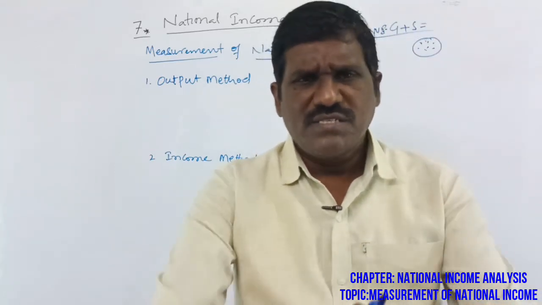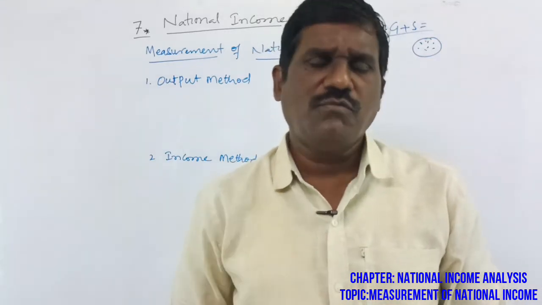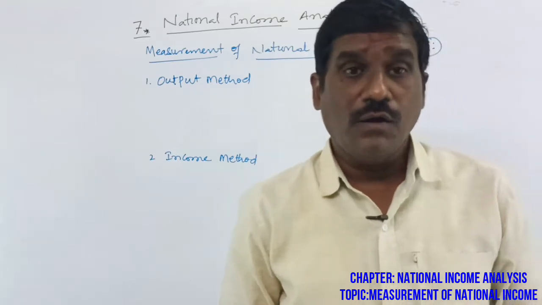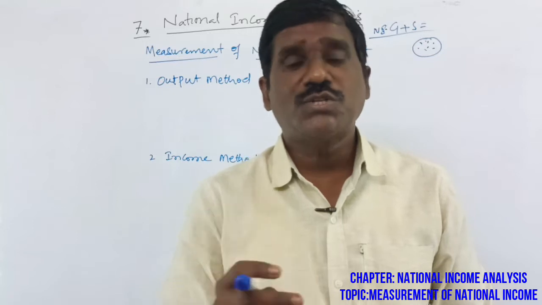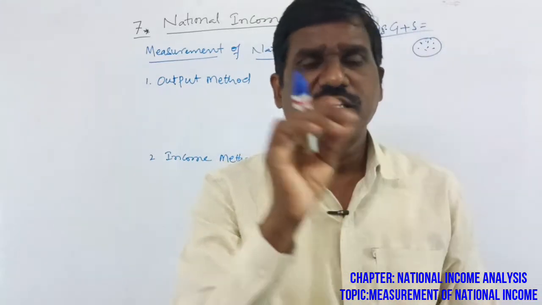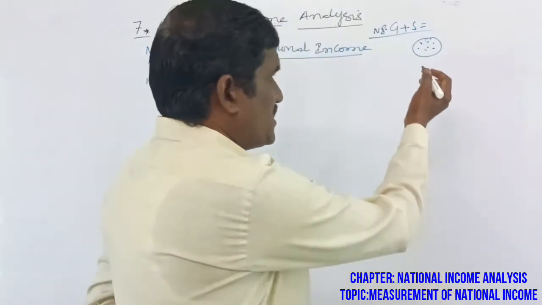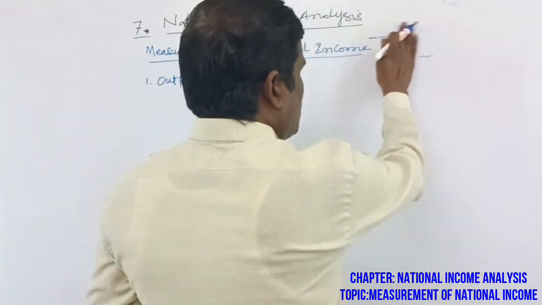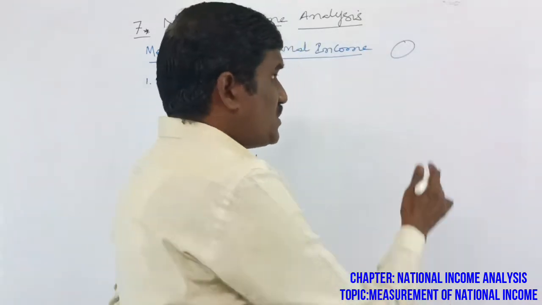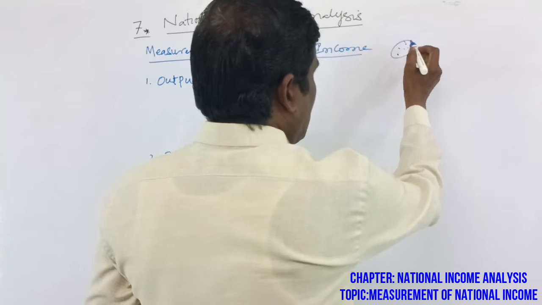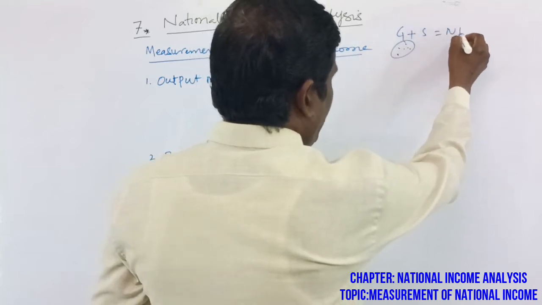The definition of national income is the aggregate value, or the total value, of all final goods and services produced by the total population of the country. For example, this is the income. The income which is produced by the total population of the country, meaning goods value and services value, gives us the national income.